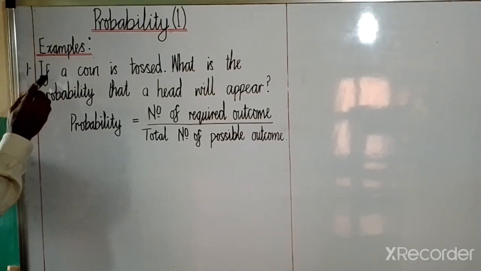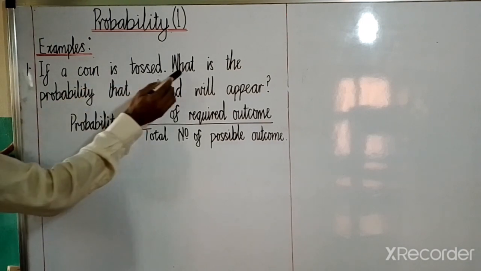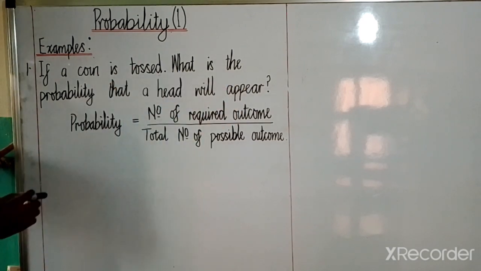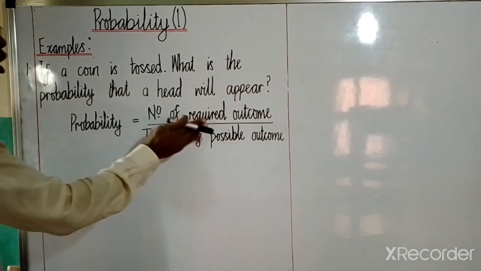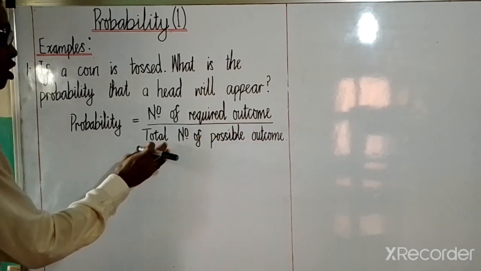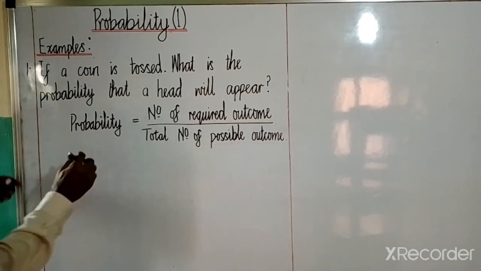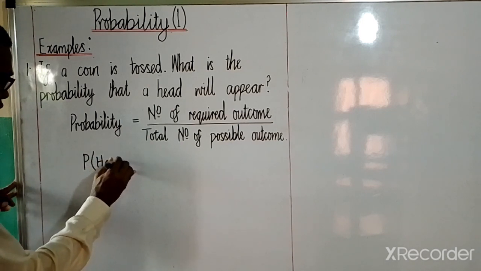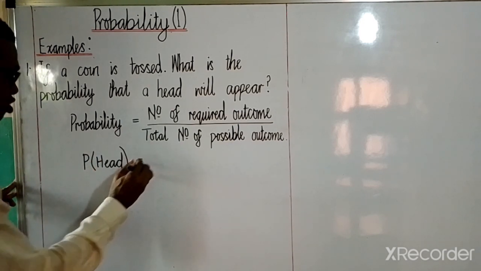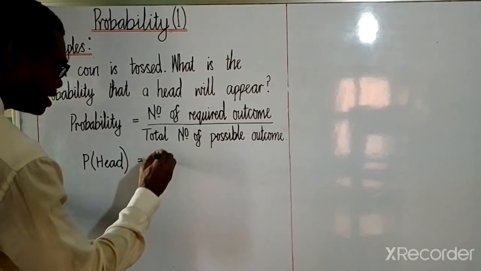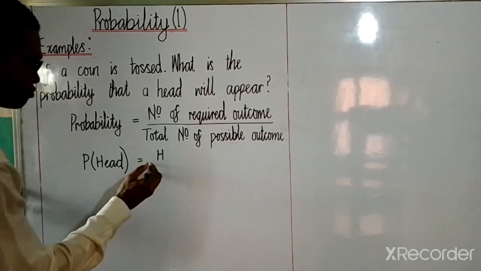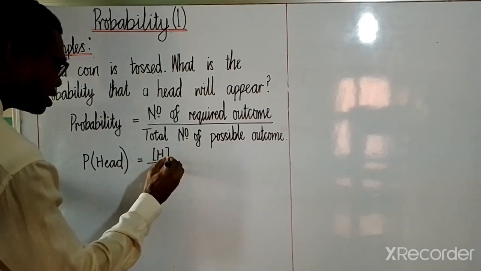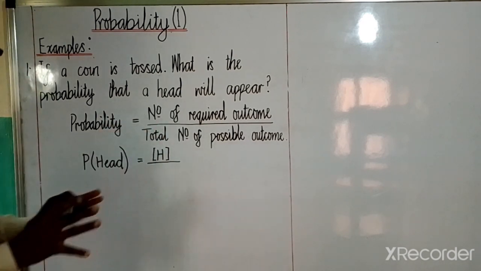Examples. Number 1. If a coin is tossed, what is the probability that a head will appear? Probability equals number of required outcomes over total number of possible outcomes. We want to get a head, let's take that to be H, over the possible outcomes, that's what could happen.